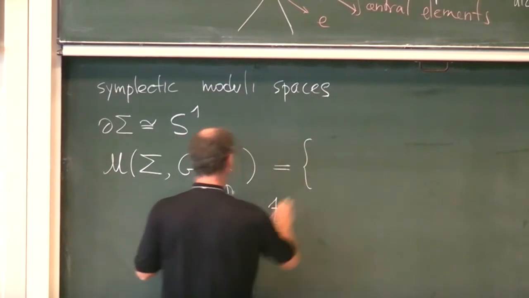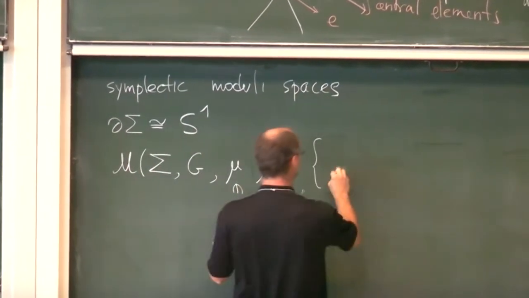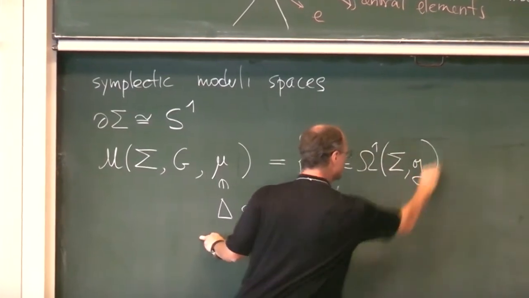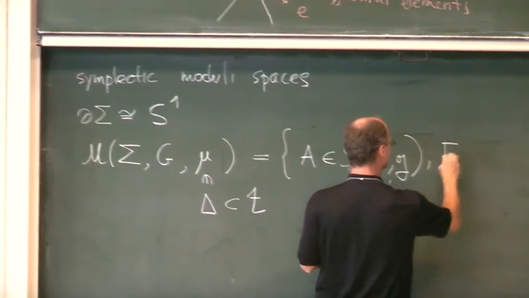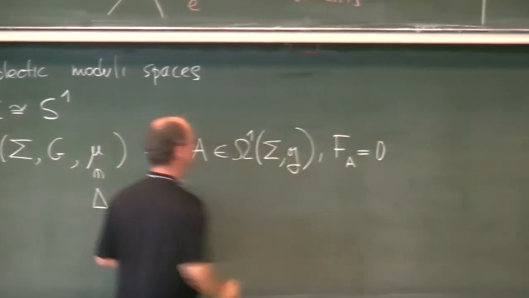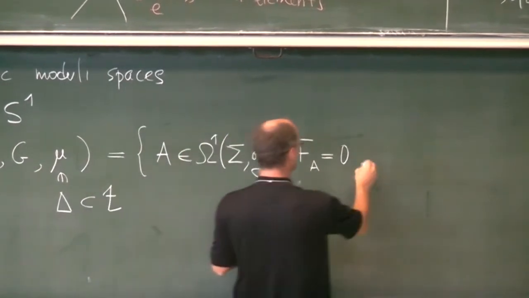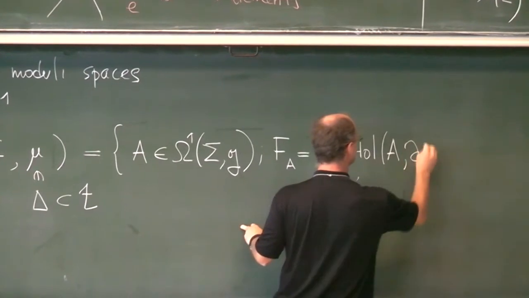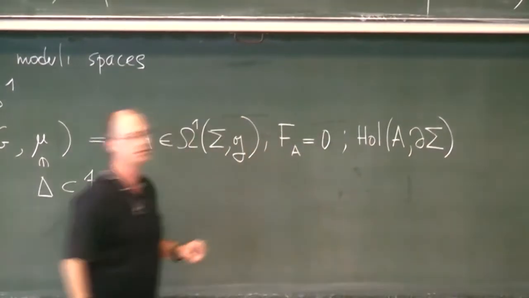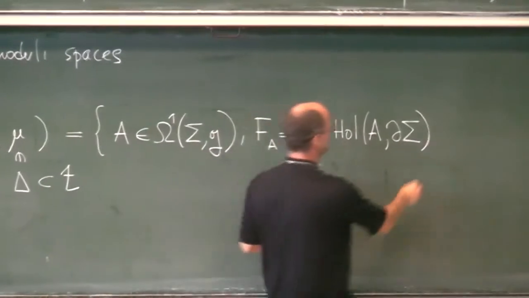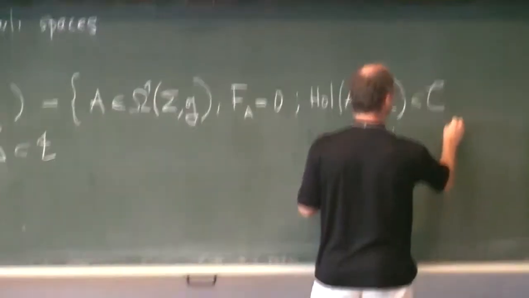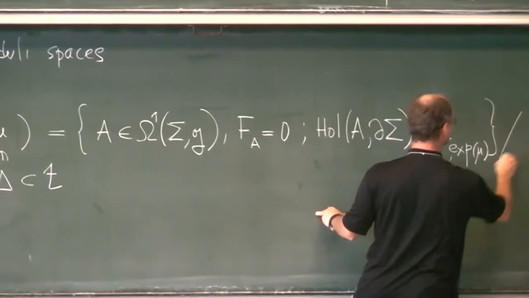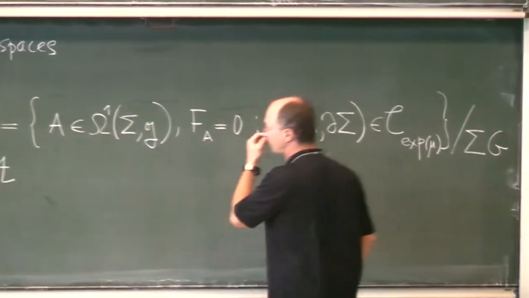And by definition, what is it? These are flat connections on sigma. Their curvature is equal to 0, and the holonomy of the connection around this sigma, let me write it and then I explain, is contained in the conjugacy class, right?